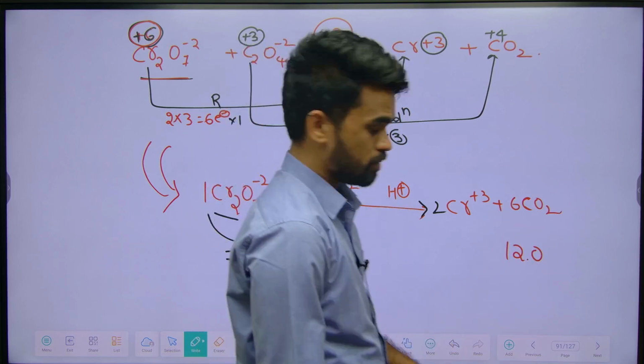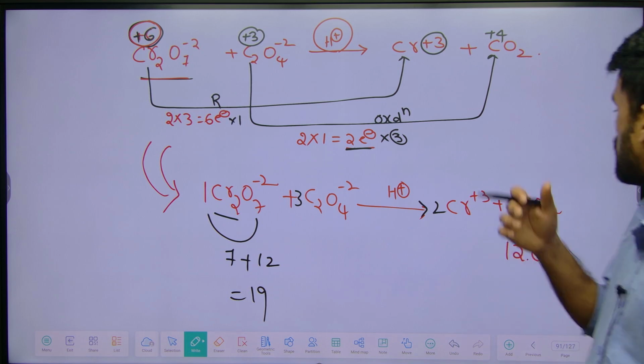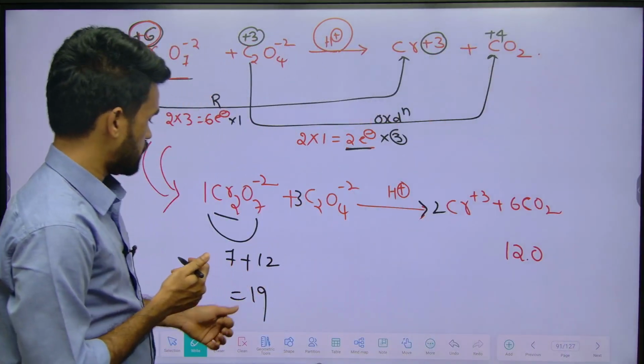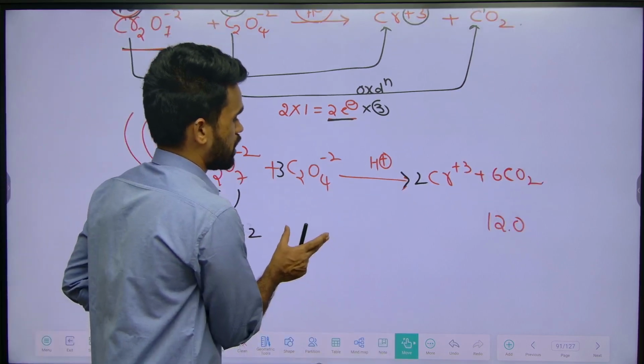Just a minute, I will check the question whether everything is right or not. Yeah, that's it. This is how they have provided. Now check once again. Here 19, there it is 12. So where do we have more oxygens?